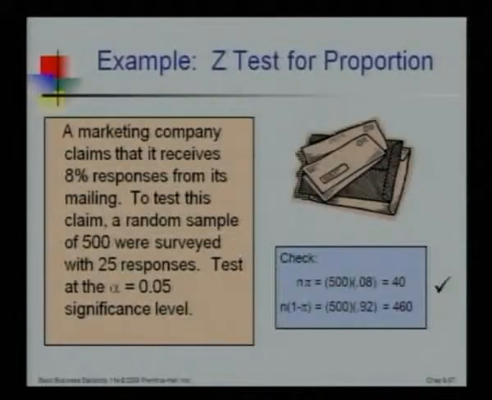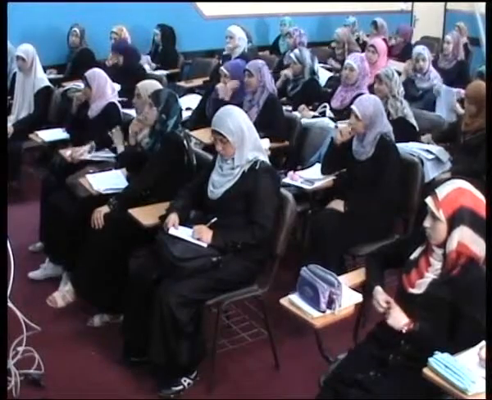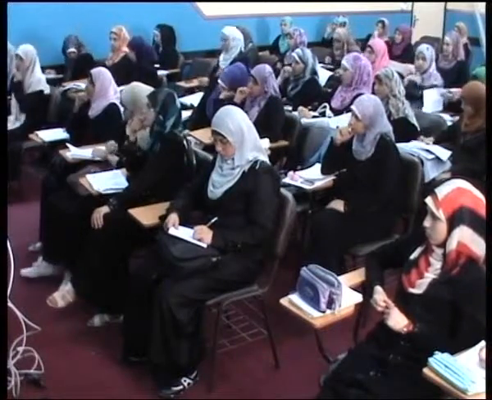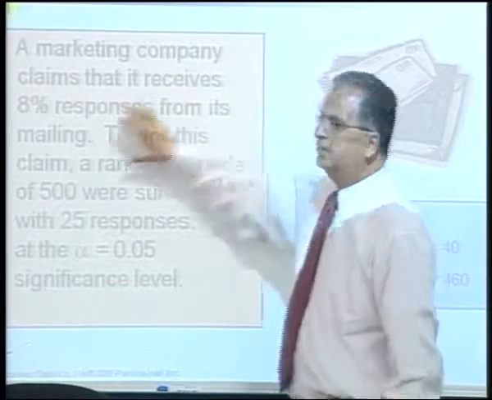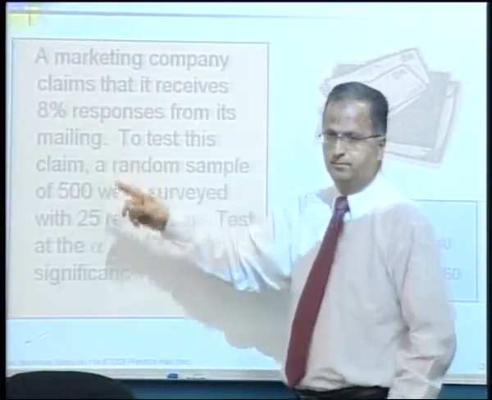Let's look at this specific example. A marketing company claims that it receives 8% responses from its mailing. So now the claim is the company receives only 8% responses from its mailing.